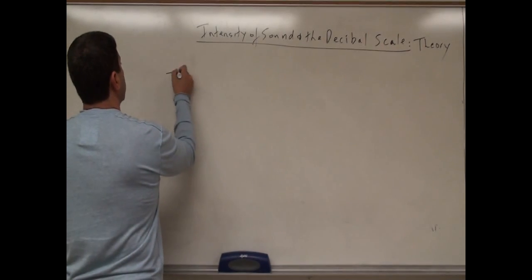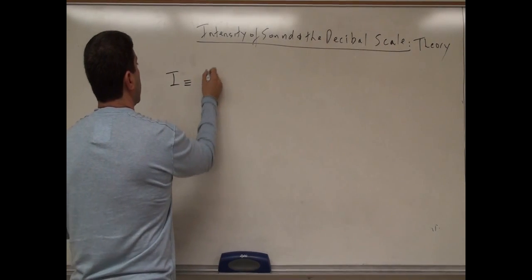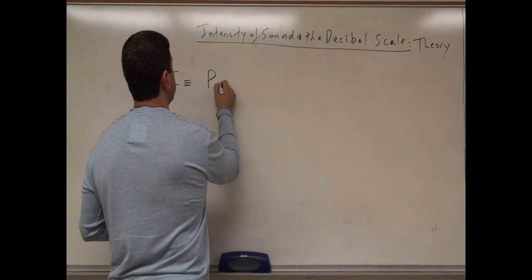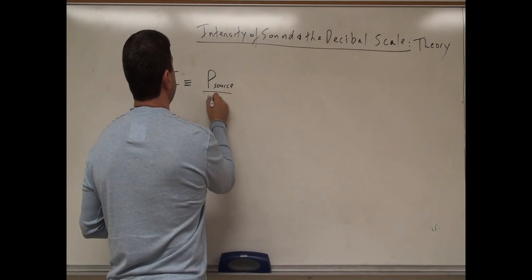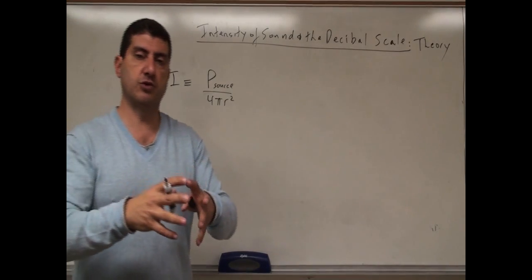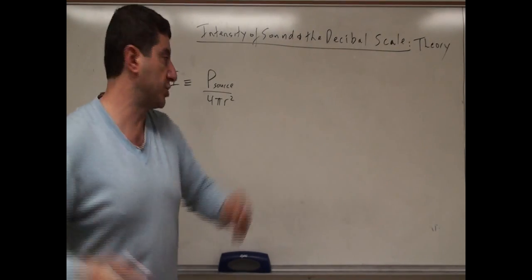So the intensity of the sound wave is defined as the power of the original sound source, power of the source, divided by 4 pi r squared. Right? So we're assuming that, of course, the sound wave is traveling in 3 dimensions.